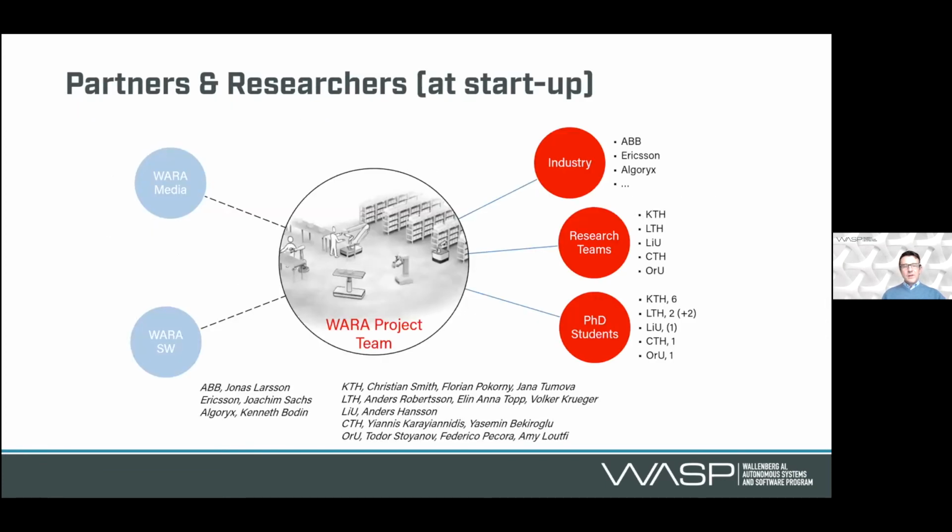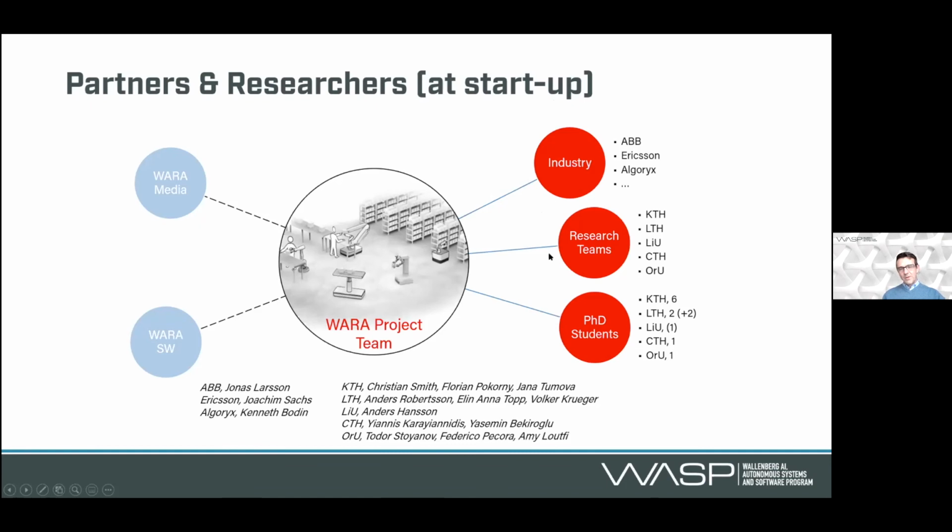So who is WARA Robotics? Well, it is just approved, but the current lineup looks like this. We are about to create this WARA project team, which is the center of events. And connected to this, we currently have 3 industrial partners: ABB, Ericsson, and Algorix, who is providing world-class physics simulation tools.